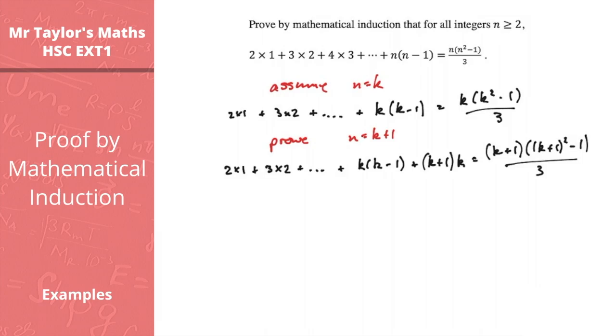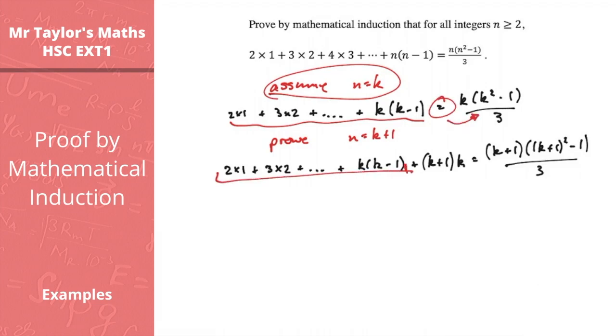And I'm going to use my assumption that we made here, because I said that this is of course equal to that, and I have that in here, so hopefully you can see that. That's why I wrote it out like this.